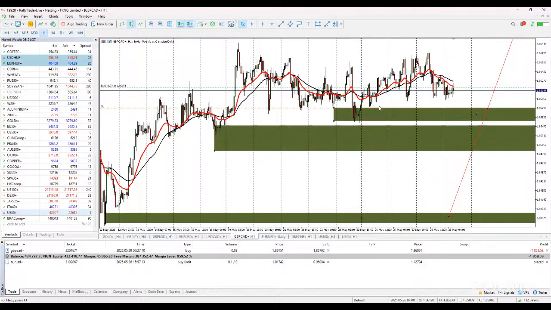So we have different ways. If this market comes back to this place, it will still go, because the overall trend on GBP card is upward movement. But because it's upward movement doesn't mean that market has to keep going up.